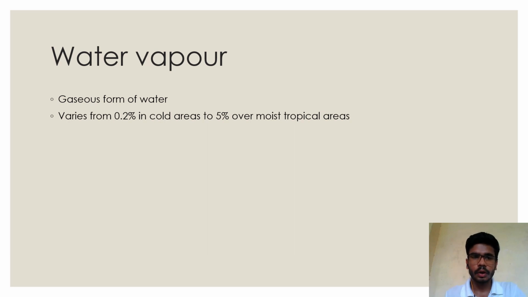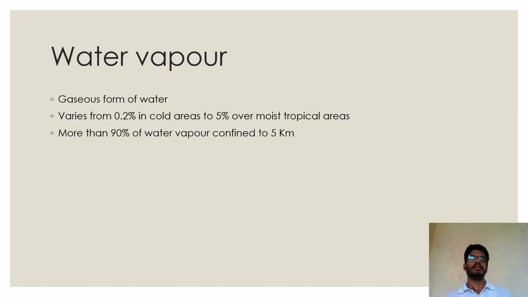So water vapor is a really important gas, and about 90% of the total water vapor is confined to just 5 kilometers. This 5 kilometers is for tropical areas, whereas in polar areas that height also reduces. It would be around 2 kilometers in polar areas. And why is this so? Because convective activity takes water vapor to greater heights in tropical areas, whereas this is not so in polar areas.